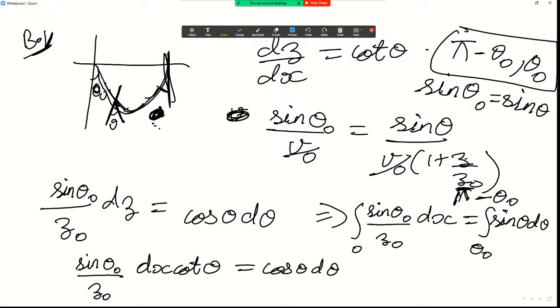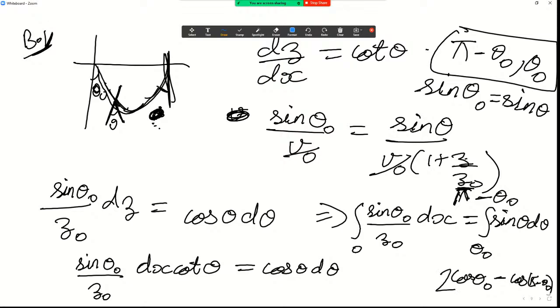So the integral of sine theta is negative cos theta. So we have cos theta naught minus cos of pi minus theta naught. Cos of pi minus theta naught, is that minus or plus? I guess it is minus.